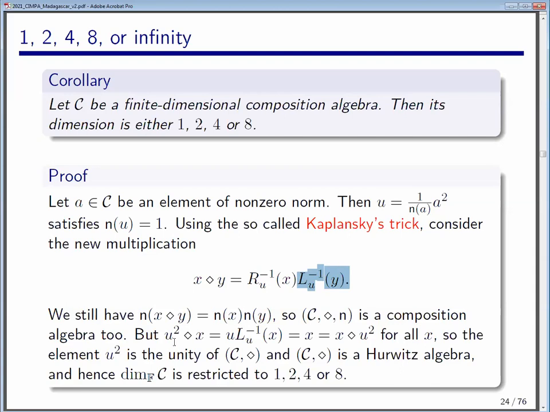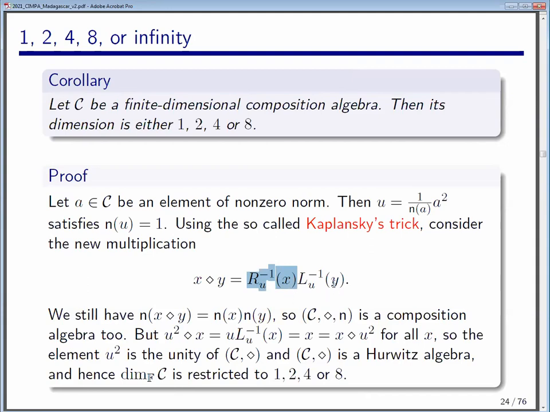But now see what happens when we multiply u squared times x, but with the new multiplication. So instead of x, I put u squared here. Well, if you apply the inverse of the right multiplication by u to u squared, what you get is u. So here you get u.